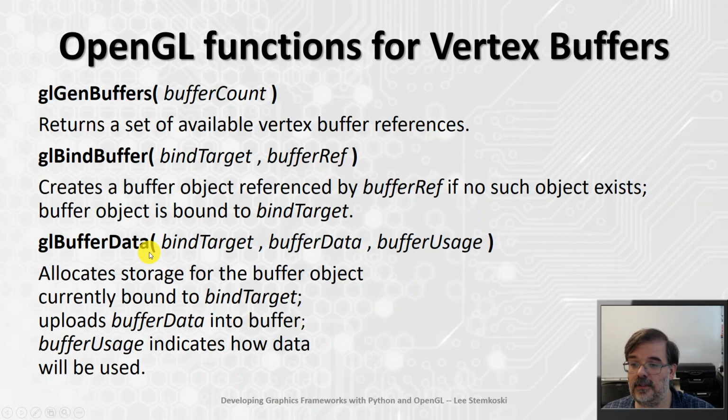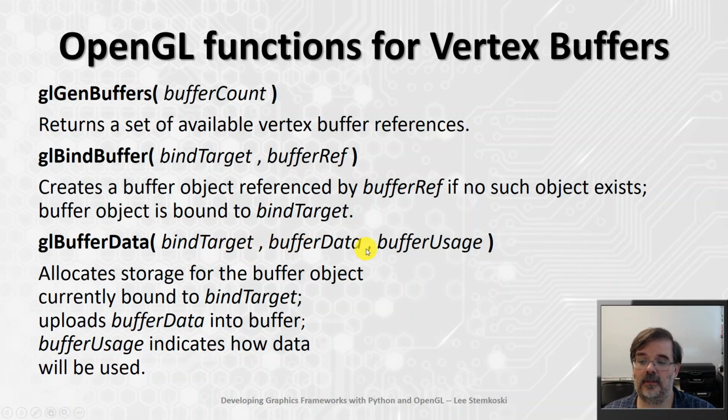But notice this function does not take buffer reference as one of its parameters. It takes bind target as a parameter, and so it's going to affect the buffer which was previously bound to that target. So in this function, to actually upload data to the GPU, you need to specify the target.